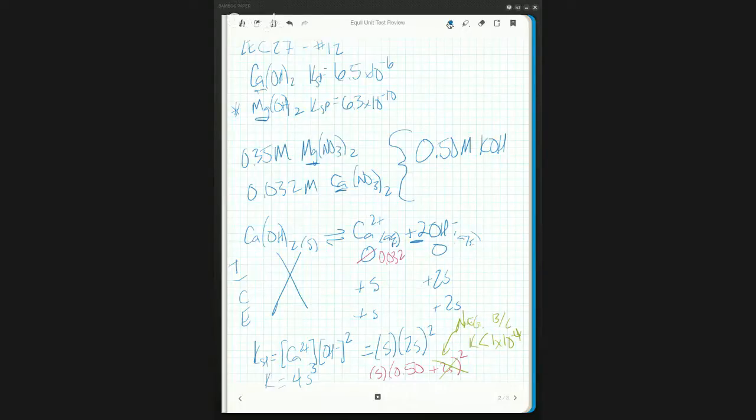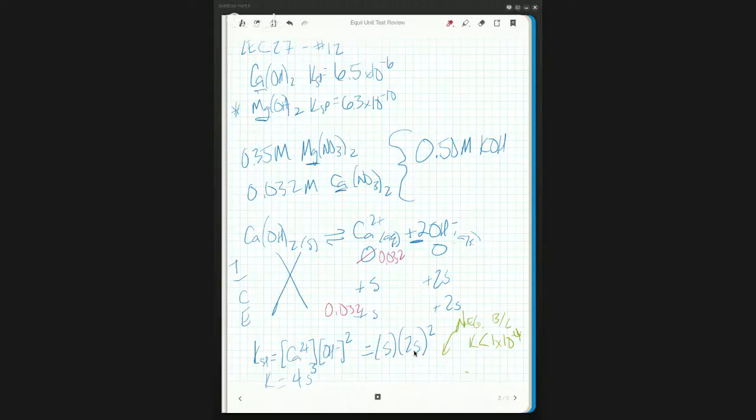So if this is our situation then, okay. So now the piece that is going to be different at this point as well, because we're dealing with this, we're looking for this hydroxide concentration.